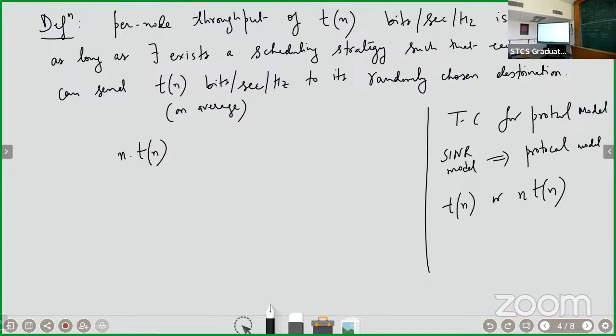Bit meters. T of n has nothing to do with bit meters. We should divide by the average of xi minus xj. That is correct. I'm picking randomly two nodes at a time, not just xi minus xj, essentially from source to the destination. That much successful communication is happening.